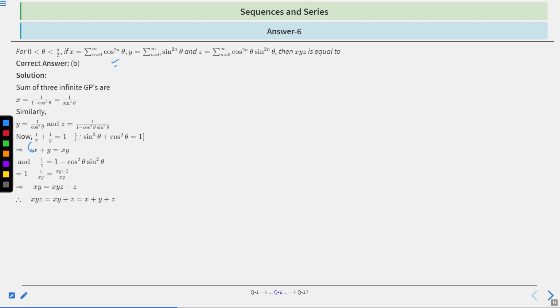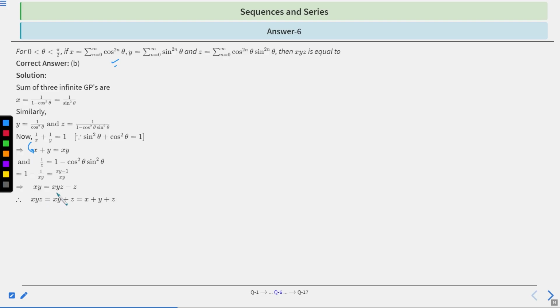After solving this, we get x plus y is xy, right? Now 1 by z is basically 1 minus cos square theta sin square theta, right? Now let's calculate 1 minus 1 by xy, which is xy minus 1 upon xy, right?